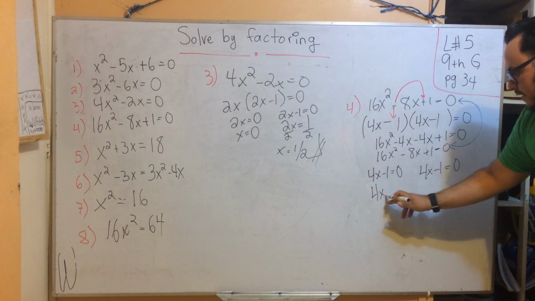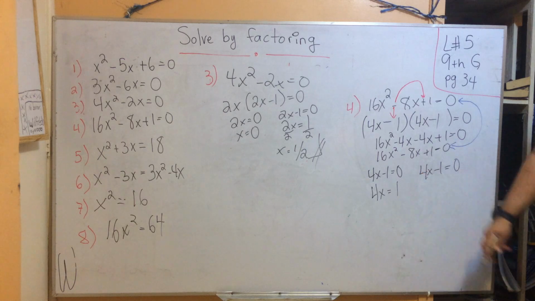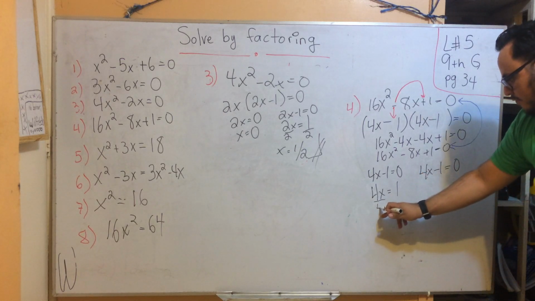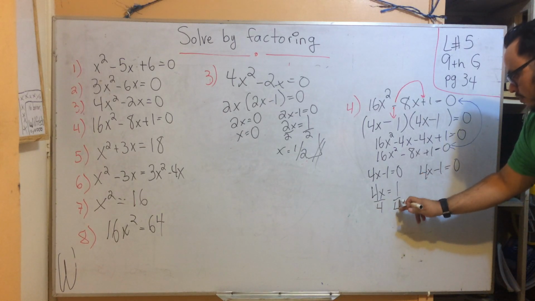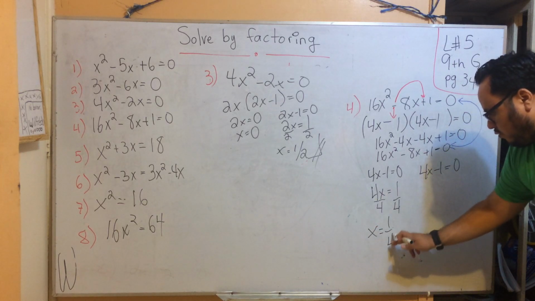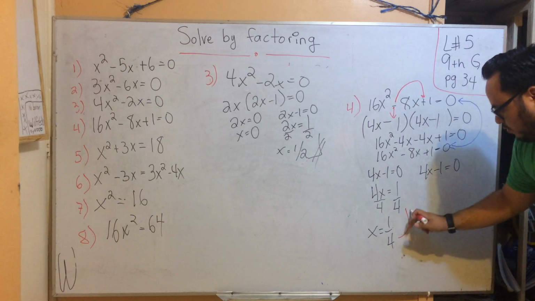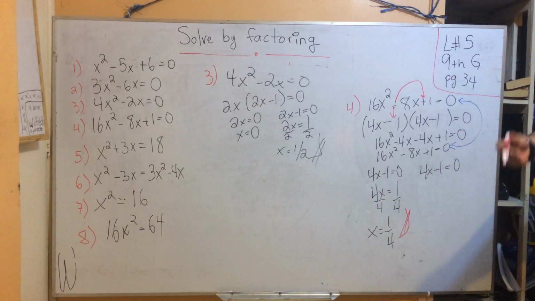So we have 4x equals 0 plus 1, 1, divided by 4, divided by 4. So we have that x is equal to 1 over 4. And this is the answer that we were looking for, and it's the same on this side, so we don't have to do it 2 times. We only need 1.